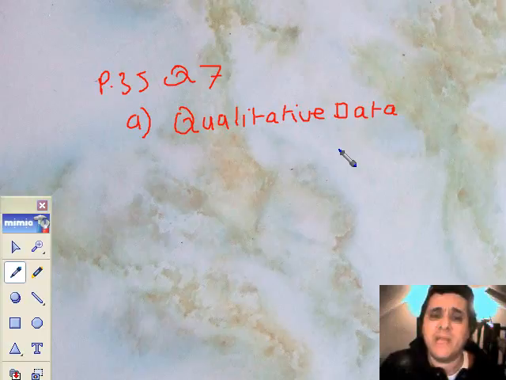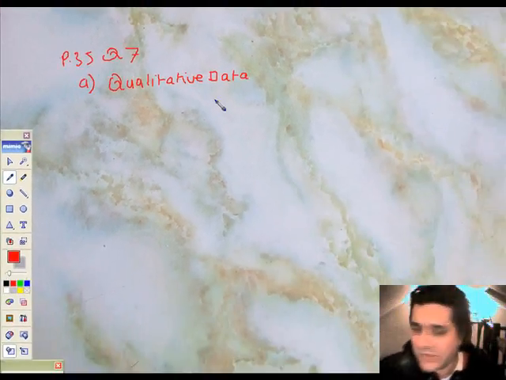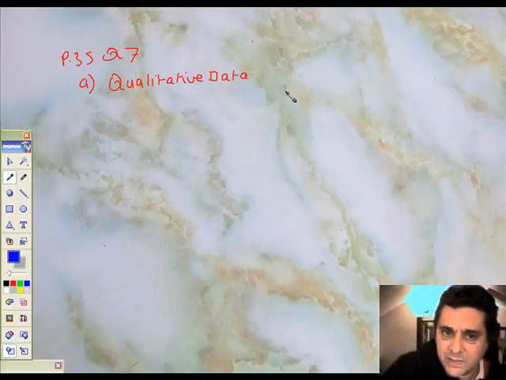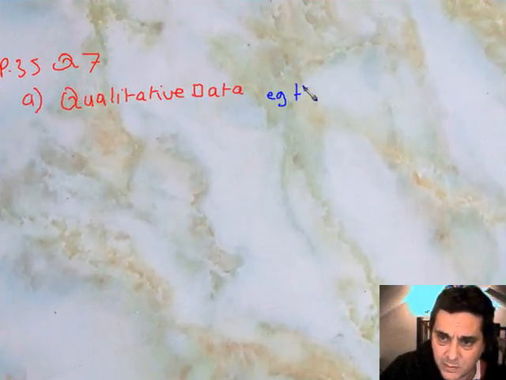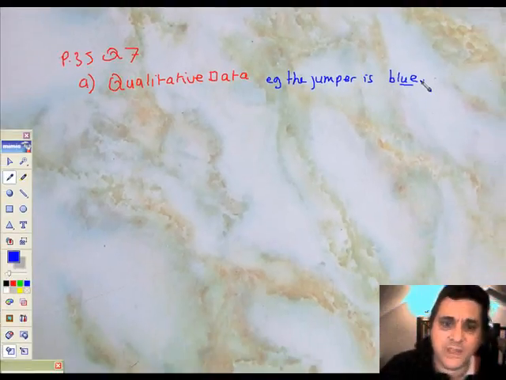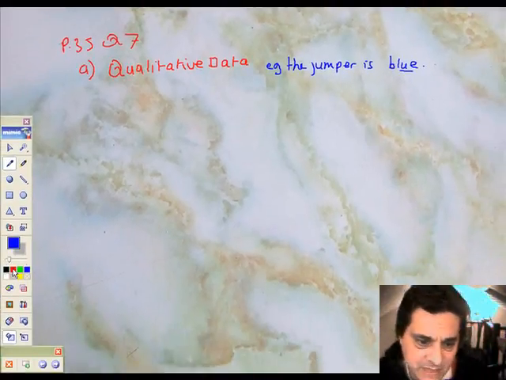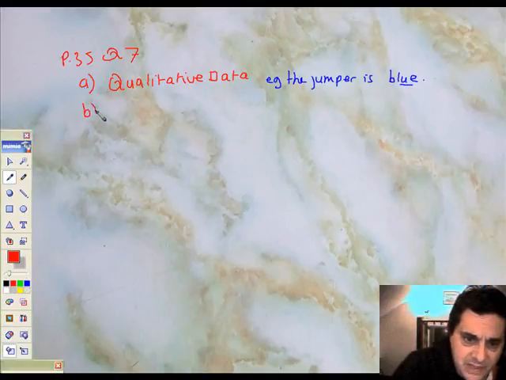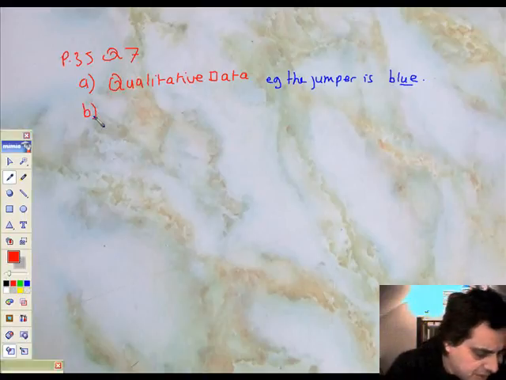Well, if my jumper is blue, I can write down, for example, the jumper is blue, and that is a piece of qualitative data. Alright, 7a is done.